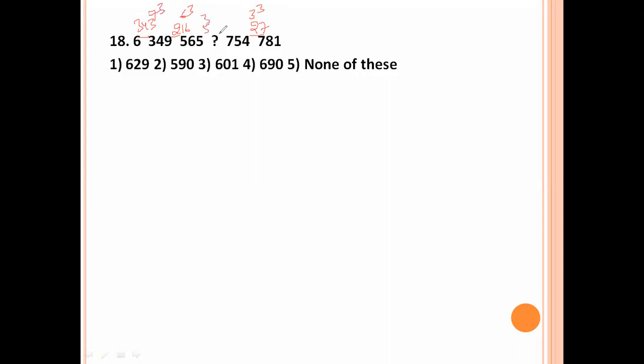Here the difference is 5 cube. Here is 4 cube. 4 cube means 64. So here 754 minus 64. 15 minus 6, 9, 690. So now this value is 690. So 565 plus 125, 690 we get. So option number 4 is the right answer.